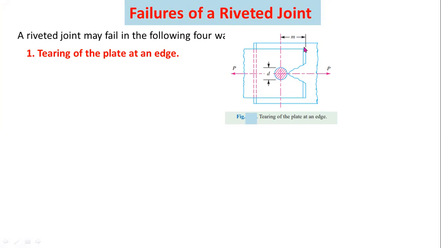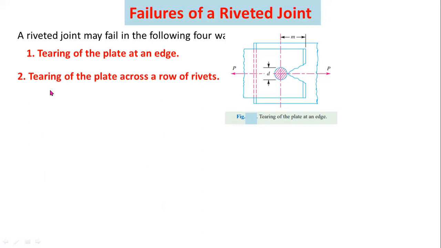Margin is the distance between the center of the rivet and the nearest edge of the plate. To avoid this failure, we have to provide a minimum margin m equal to 1.5 times the diameter of the rivet.